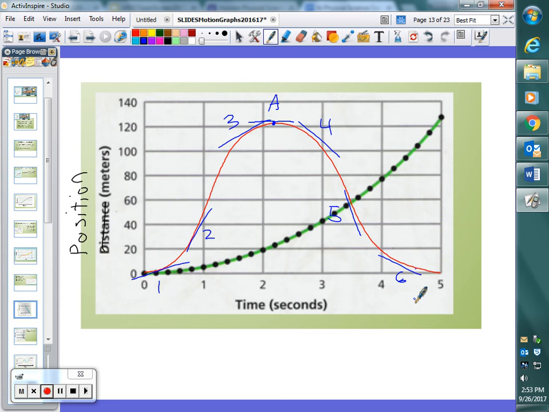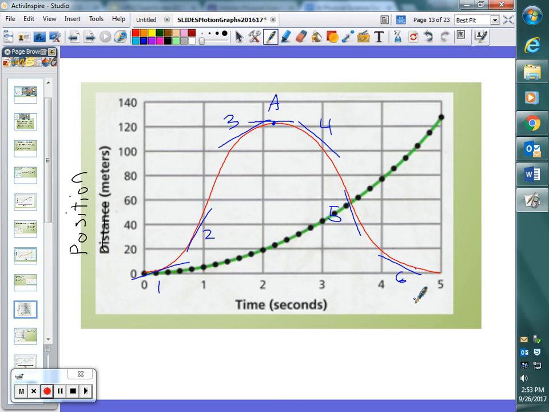Okay? But then from 2 to 3, what's happening to the ball on the way up? Slowing down. From 2 to 3 to A, that's the upward trip. Does that mean it's levitating? No. That means it momentarily stops.